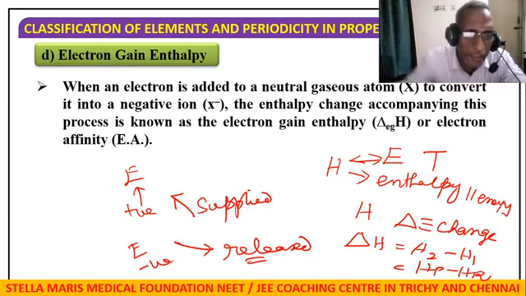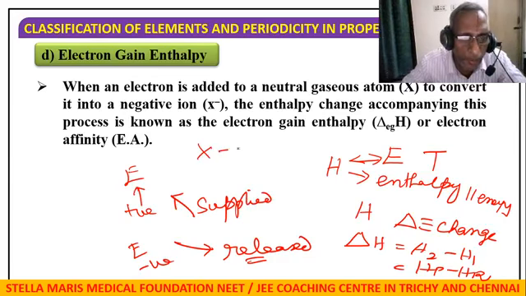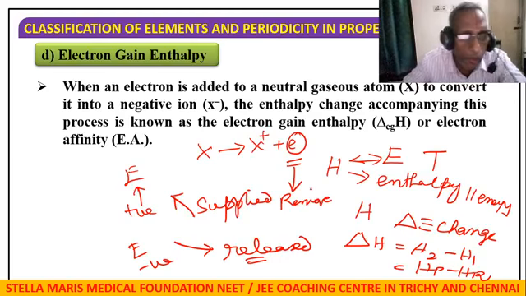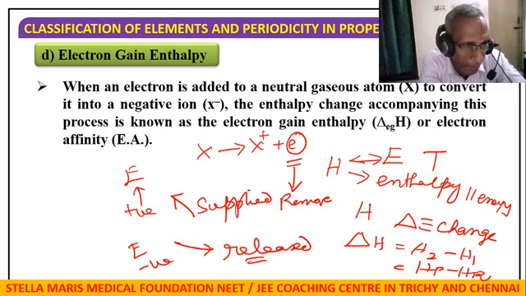But ionization means a neutral atom is converted to a cation. For that purpose, you have to remove an electron. Removal of an electron will not take place spontaneously.